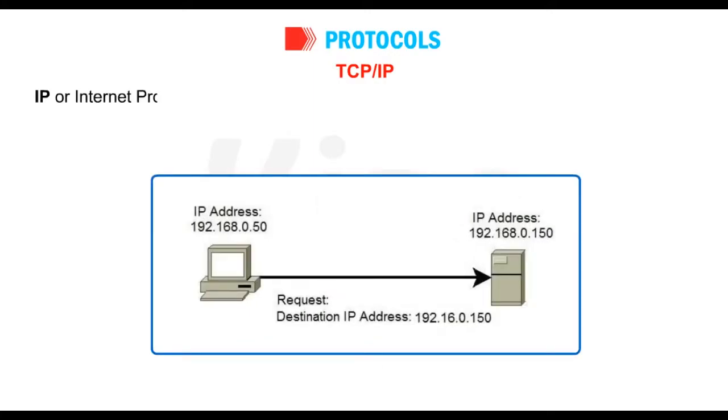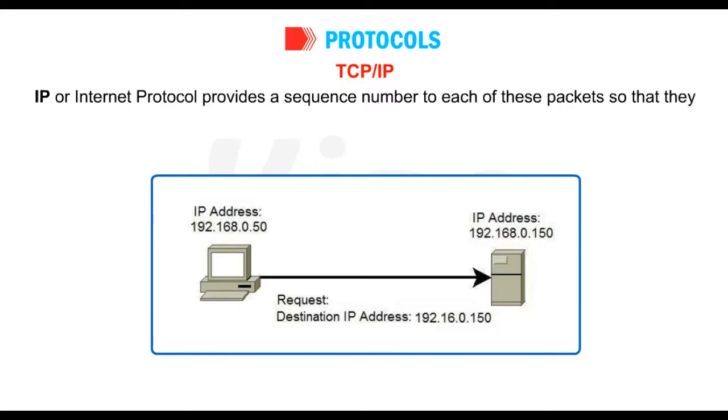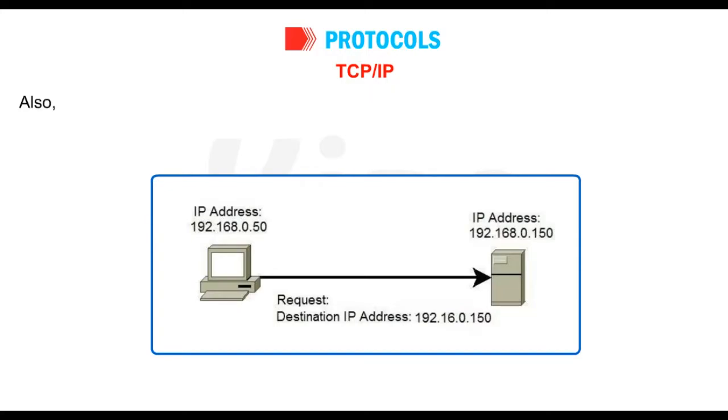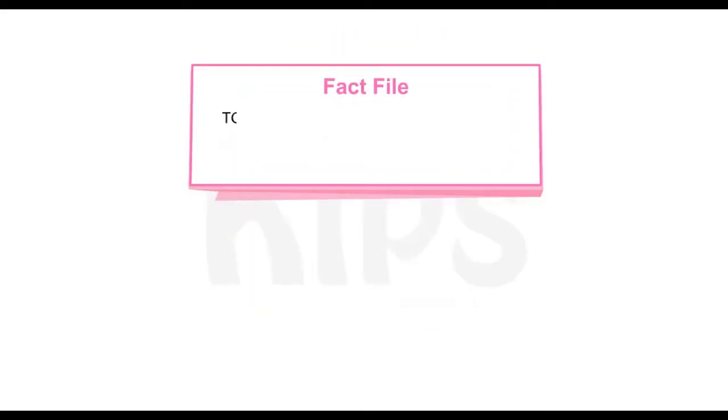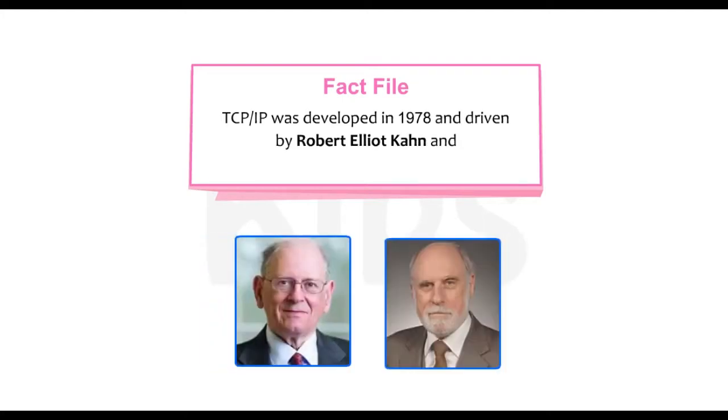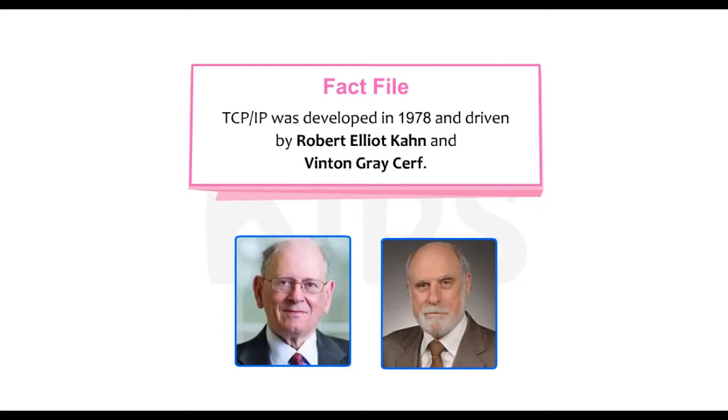IP, or Internet Protocol, provides a sequence number to each of these packets so that they reach their destination in correct order. Also, it handles the addressing of each packet so that it is delivered to the correct destination. Students, know the fact: TCP/IP was developed in 1978 and driven by Robert Elliott Kahn and Winton Gray Cerf.